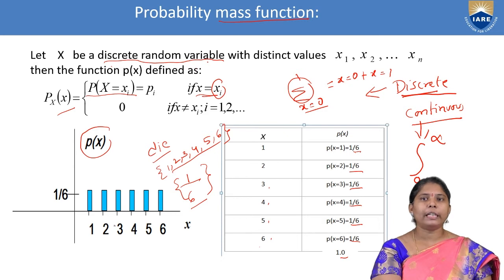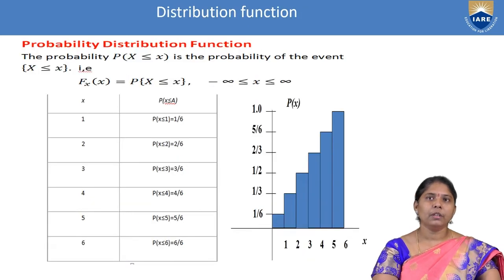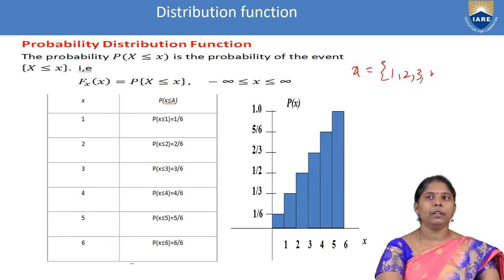If you observe, it is discrete because random variable values exist for 1 and 2, but in between 1 and 2 we don't have information. So this is discrete. Next, we'll see the distribution function for this die experiment only. What is distribution function? Suppose x values lie from 1 to 6 for the die experiment: 1, 2, 3, 4, 5, 6.